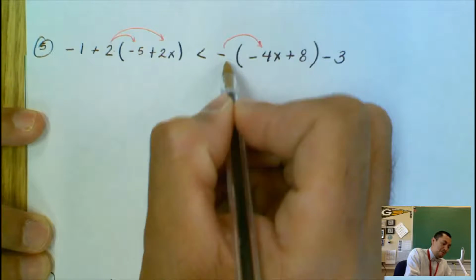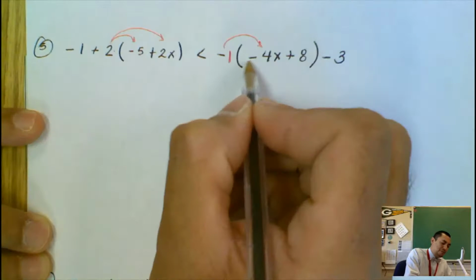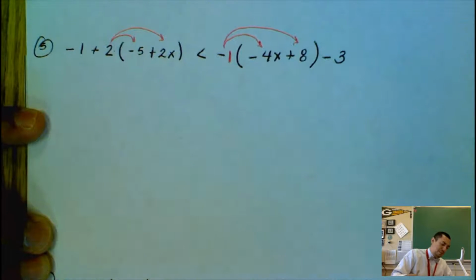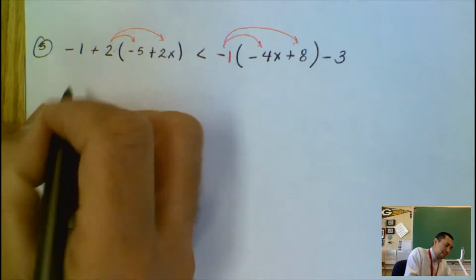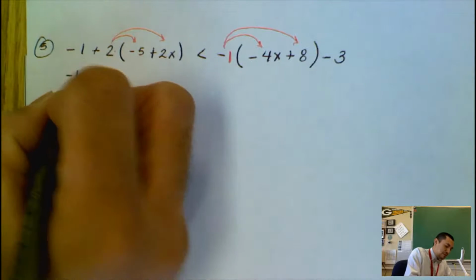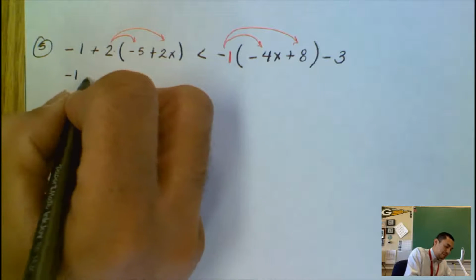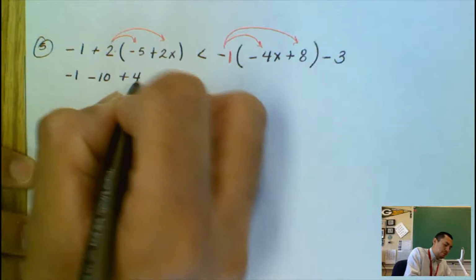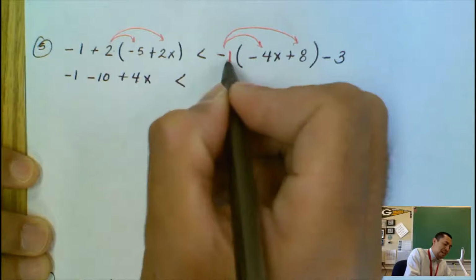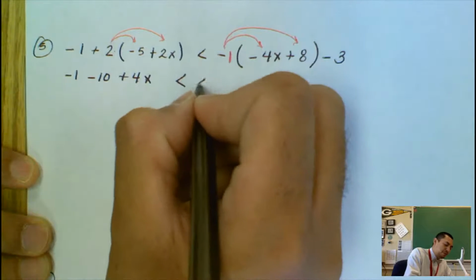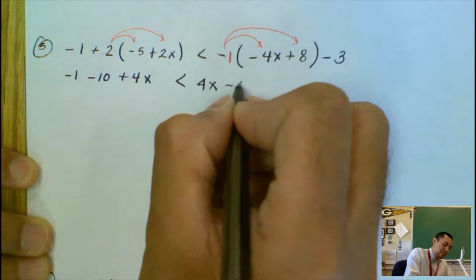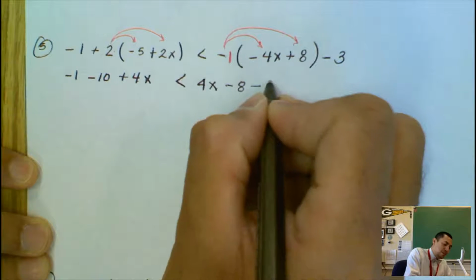Remember that it can be negative 1 times negative 4x, negative 1 times 8. So in this case, what I have is negative 1 minus 10, 2 times 2 is plus 4x, is less than negative 1 times negative 4 is positive 4x. Negative 1 times positive 8 is negative 8 minus 3.